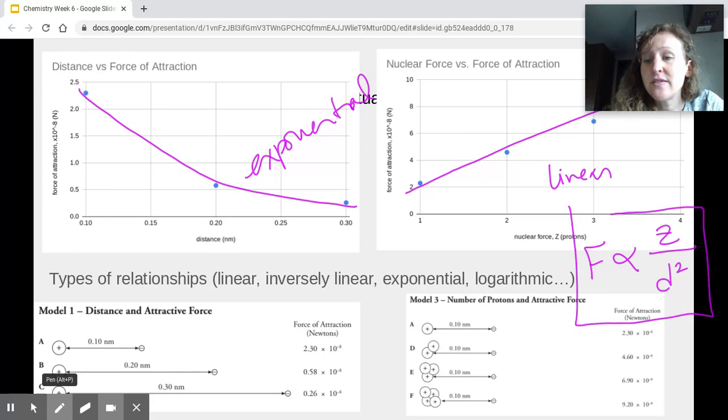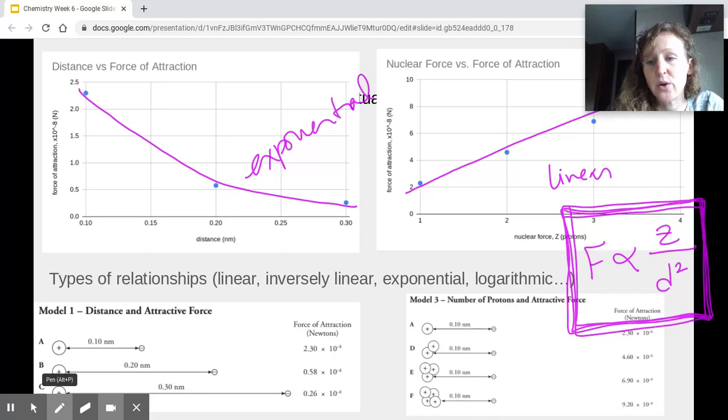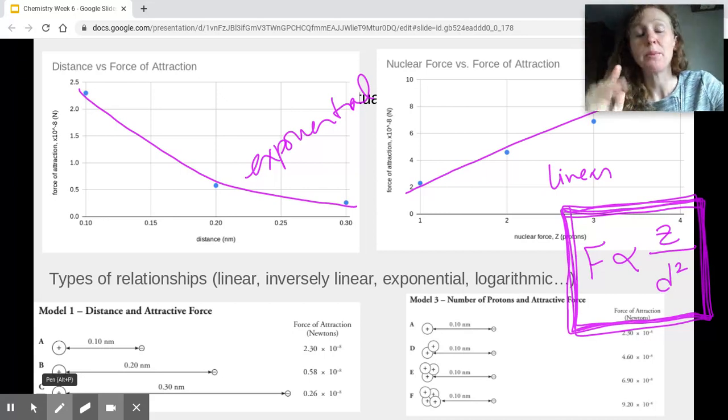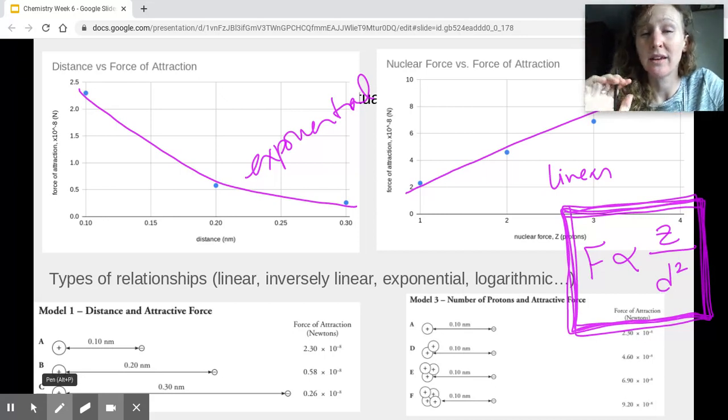Again, all of these tools we're just using to get closer and closer and closer to an equation. So just in recap, using a proportional sign instead of an equal sign allows us to bypass figuring out what the constant is. Second of all, figuring out if it's a direct relationship versus an indirect relationship will help us figure out where in the numerator or the denominator the variables are going to go.